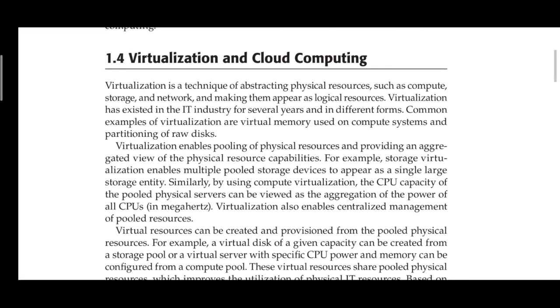Logically it appears as 4 different disks, but physically it exists as a single disk. That is virtualization, students. Very simple concept. Physically your computer hard disk is a single device, but logically it appears as drive C, drive D, drive E, isn't it? Check your laptop, you will come to know.